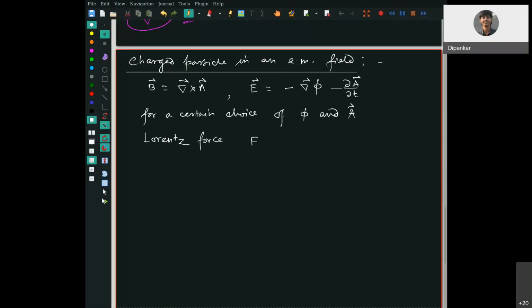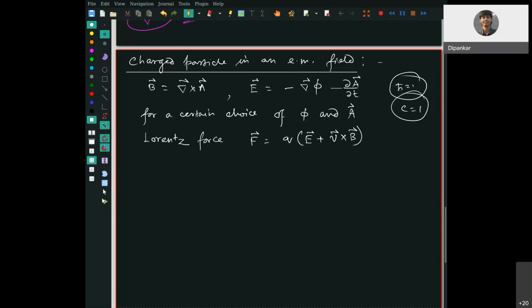Lorentz force is given by F equals q times E plus v cross B. And I will usually adopt a notation where I will put c equals 1. It's called natural units. And when I deal with quantum mechanics later, I will also put h cross equals 1. I will explain what these things mean. So these are called my natural units.